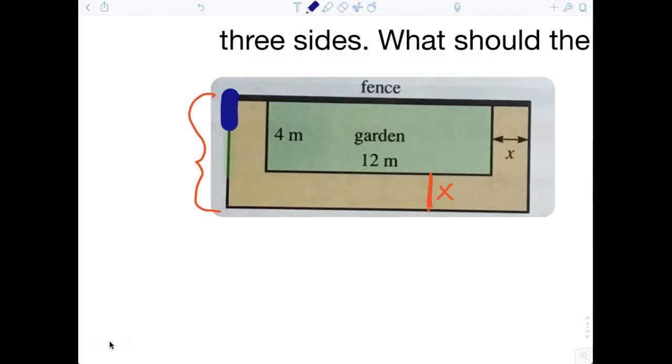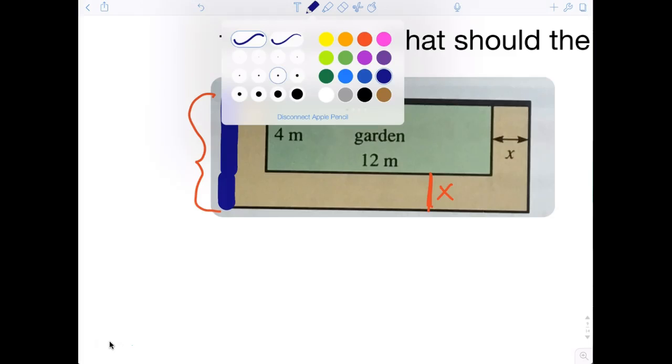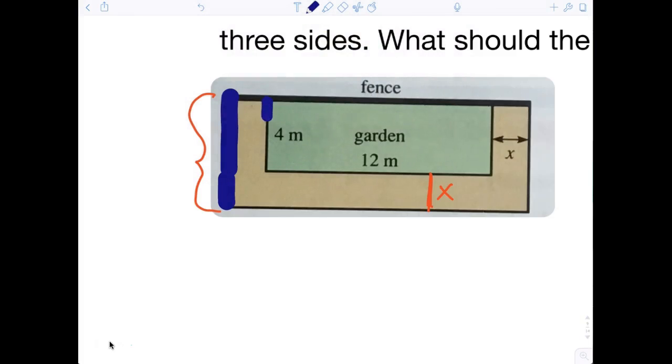How much is it from here to here, Alex? 4. How much is it from here to here? X. So that distance is what? 4. No. Say it one more time. How much? Please watch. Come on, this is important. How much from here to here? 4. Come on now. How much from here to here?